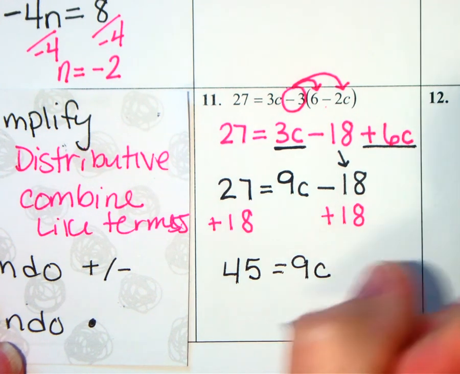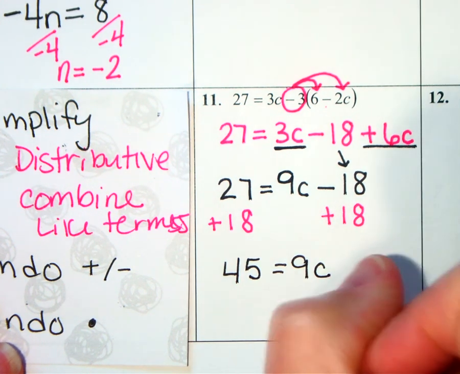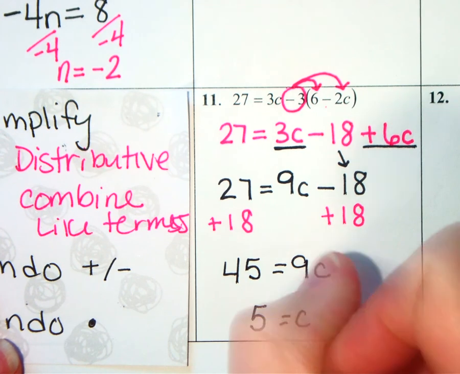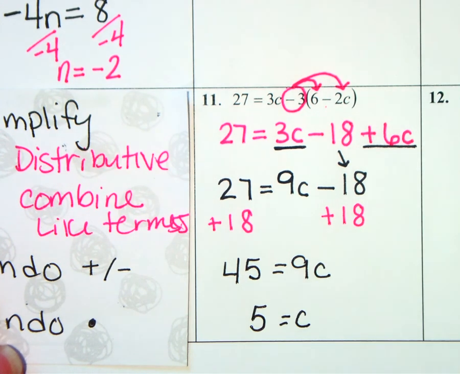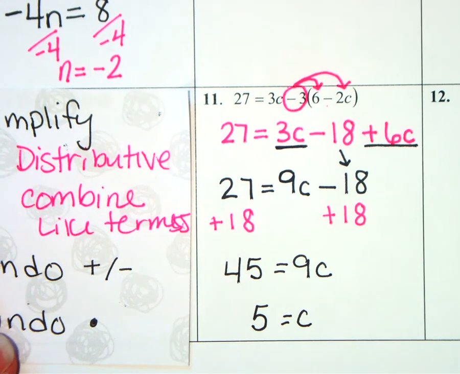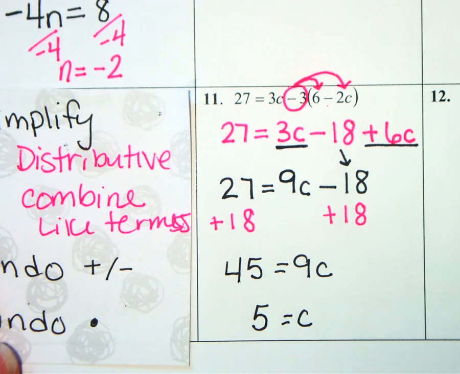Divide by 9. C equals 5. Okay. Now we'll give you some time to try the rest of them on your own.